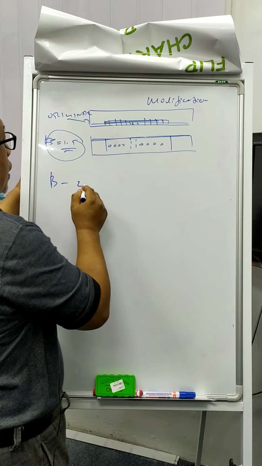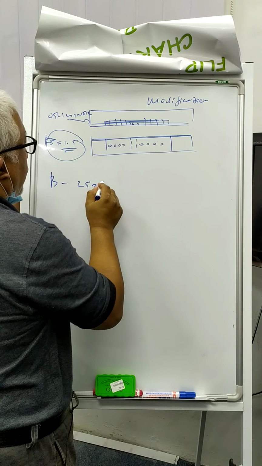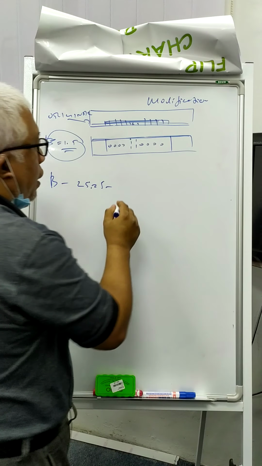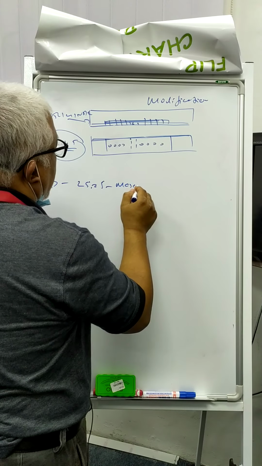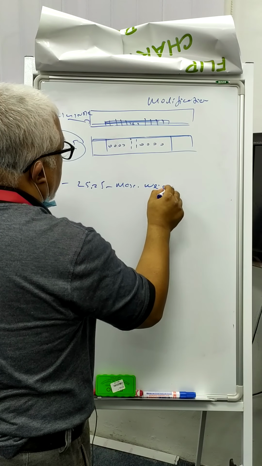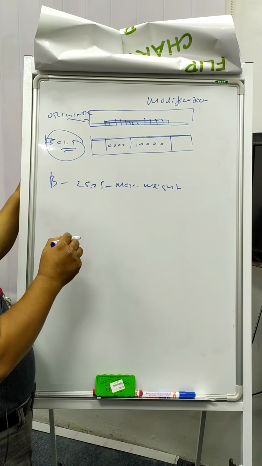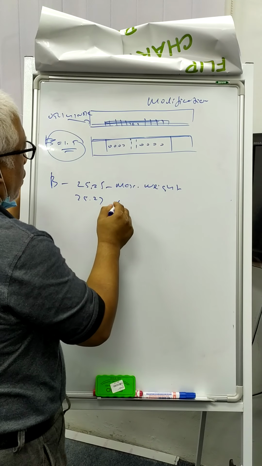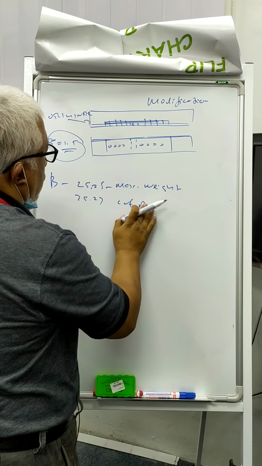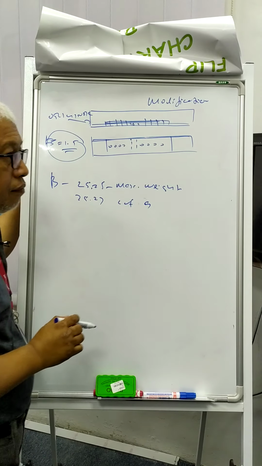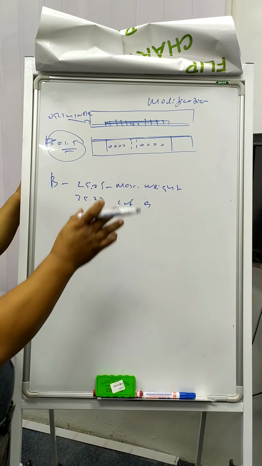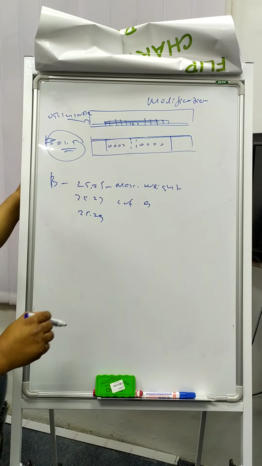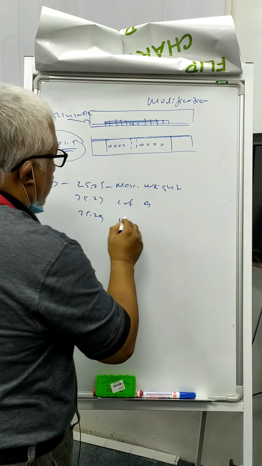In subpart B, there is paragraph 25.25, which talks about maximum weight. Then we have 25.27, the C of G of the aircraft, and 25.29, which talks about empty weight.